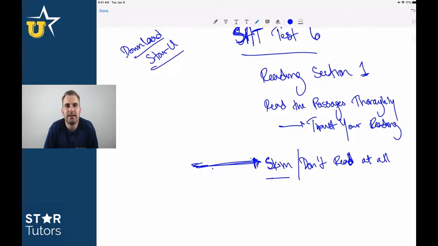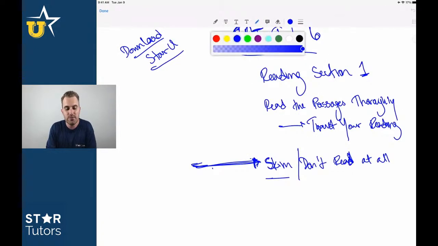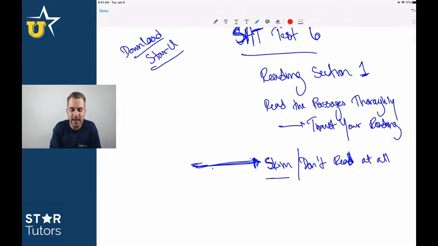The skimming method can work in certain situations, but because we've seen students at every level of the test, not just ones that have scored a 750 on the reading, writing, and language section, 95% of the time, reading the passage thoroughly is going to work better.